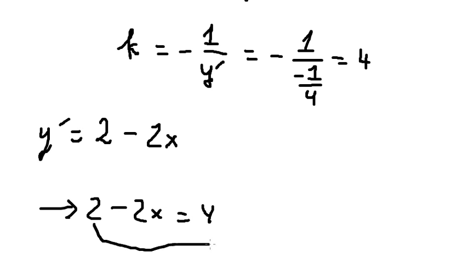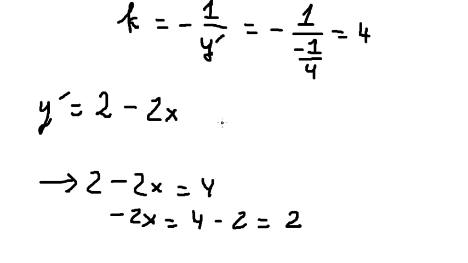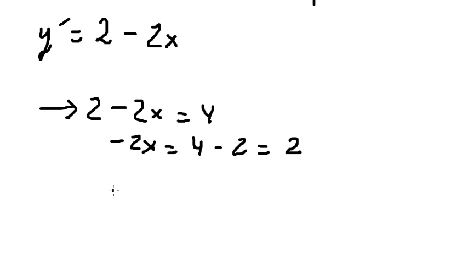Now I will put 2 go to the right. So we have 2. Next, we divide both sides by negative 2. We have negative 1.